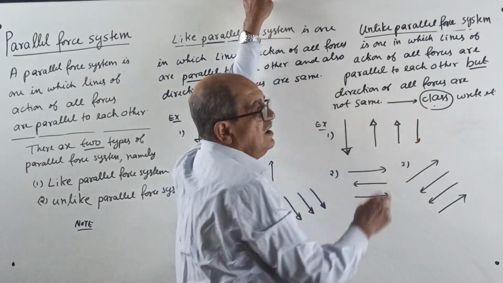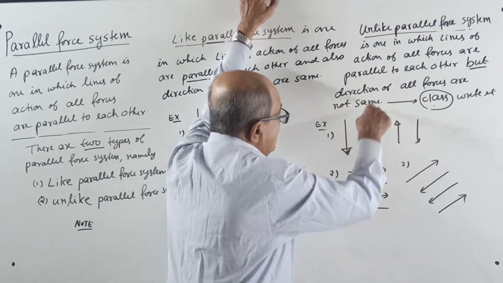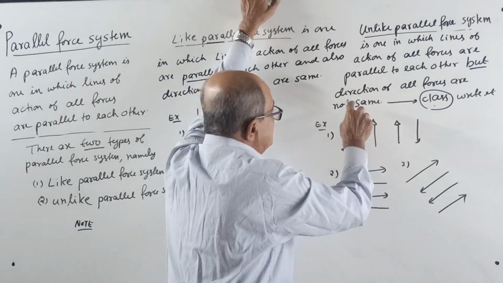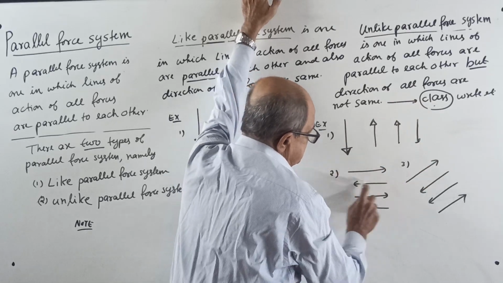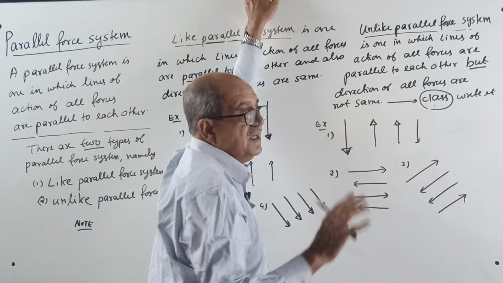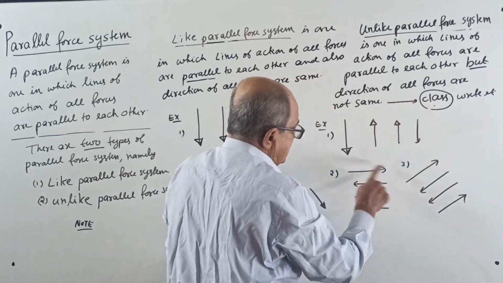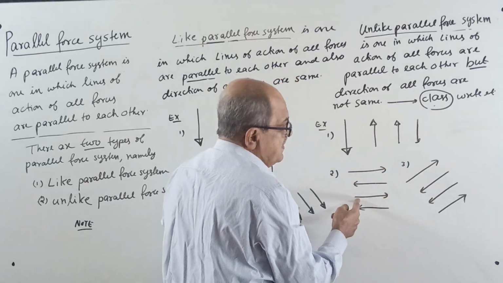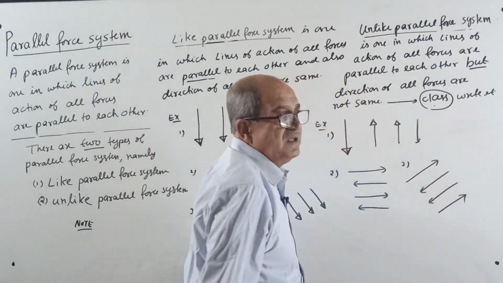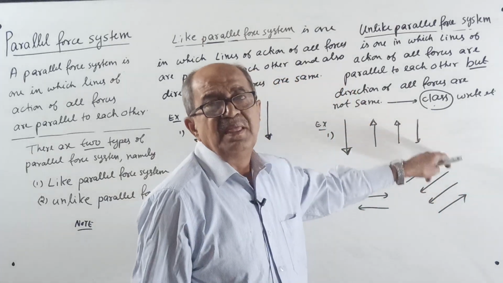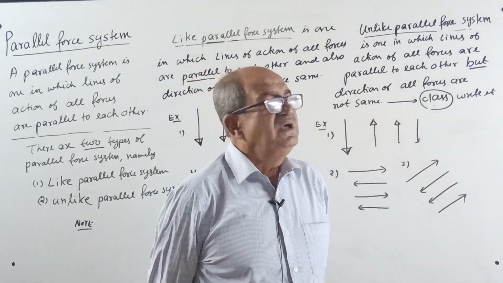So make a note. First of all, you write parallel, only the lines. Parallel. But see, down, up, down. Right, left. Don't learn it by heart this way and this way. So make a note here. Direction not same means not random.